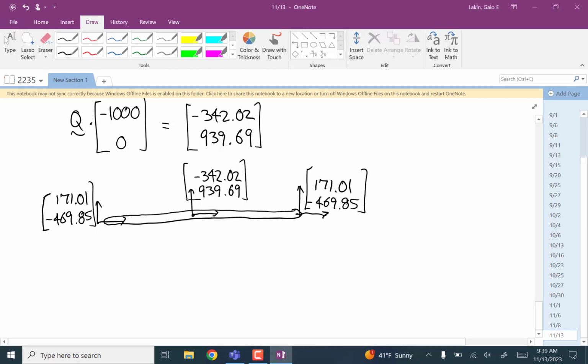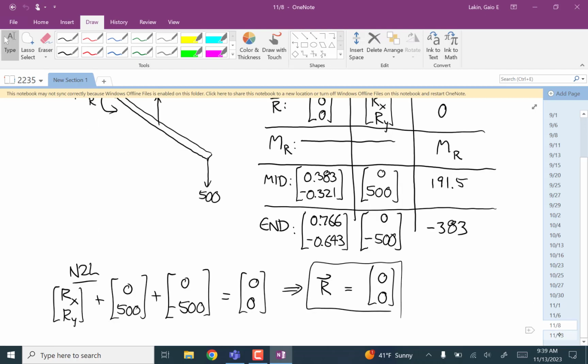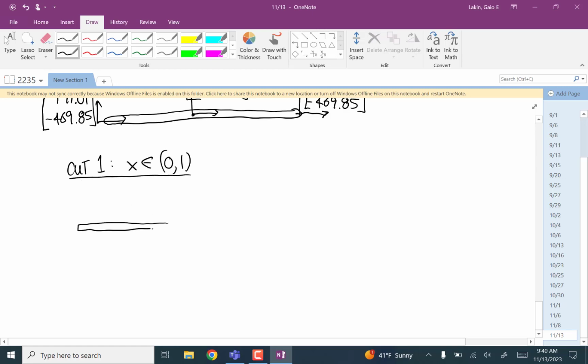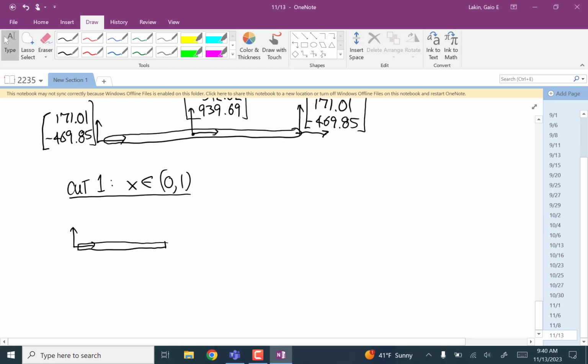So for cut 1, this is for x values between 0 and 1. We have the force at the end point of 171.01, negative 469.85.